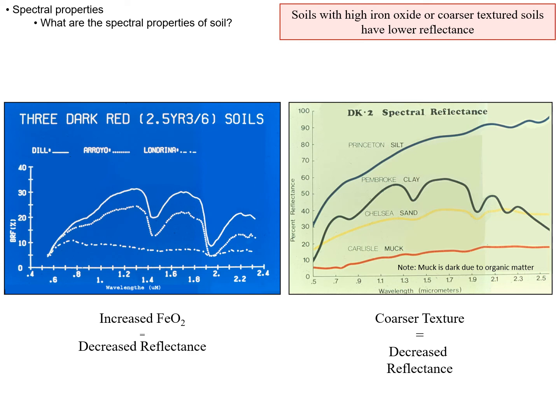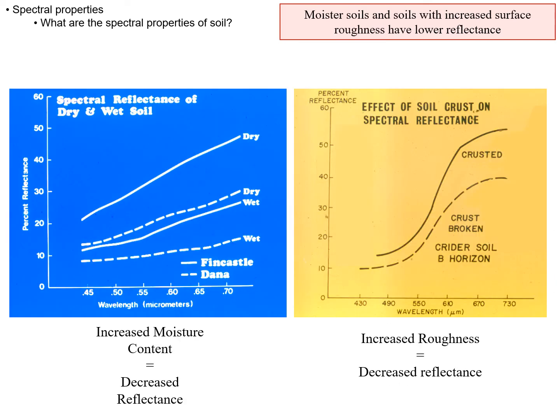Sand has a lower reflectance, and then finally muck has the lowest reflectance. Muck is a soil that has a lot of organic matter, so that low reflectance is really due to the organic matter that's in the soil.